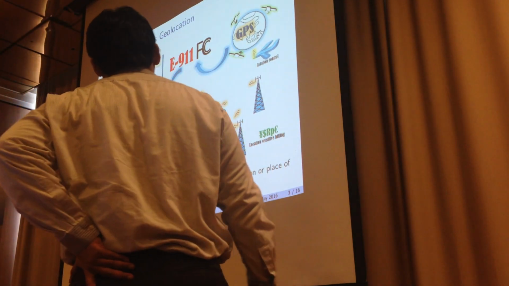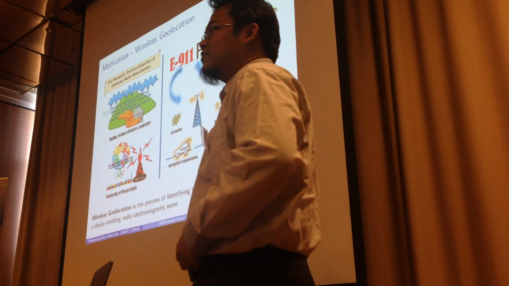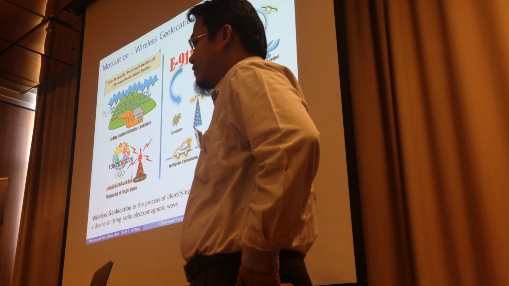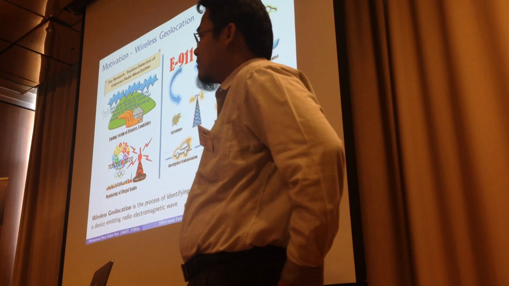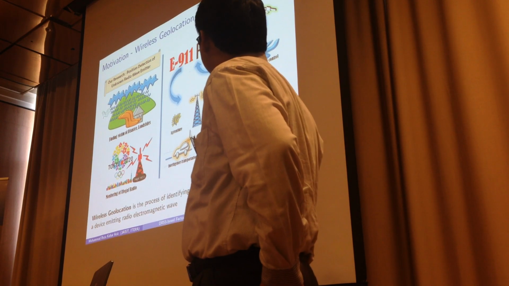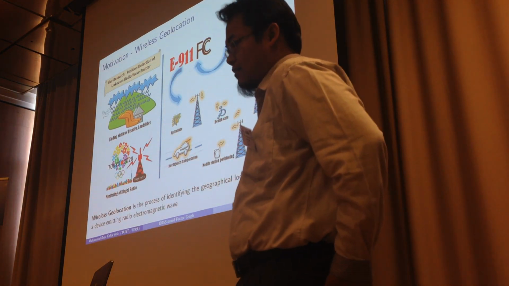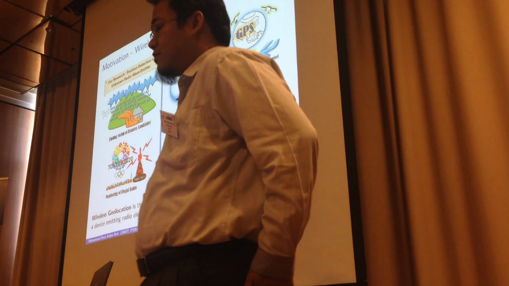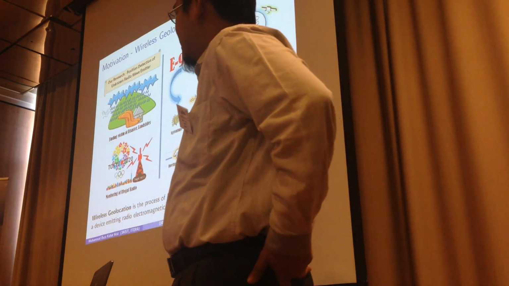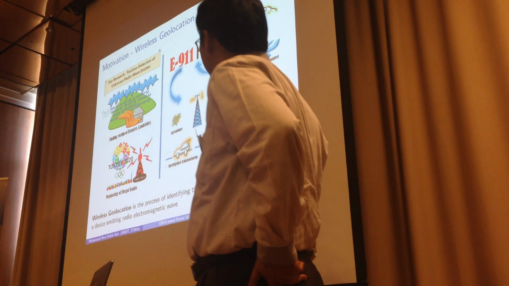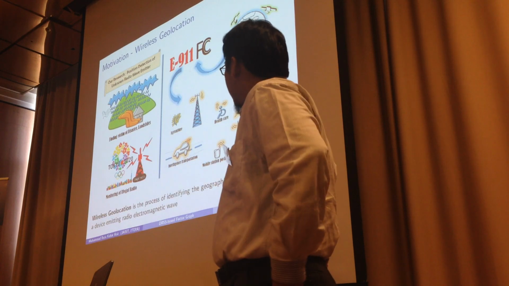Okay, the motivation of wireless geolocation. Wireless geolocation has been used for a long time, for example for aviation, for airplanes. About 40 years ago, GPS started to be issued, but it was still not so booming, and the commercial use of GPS was also only a few decades ago.